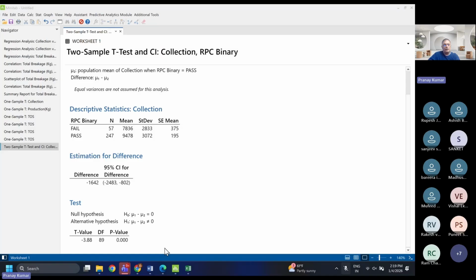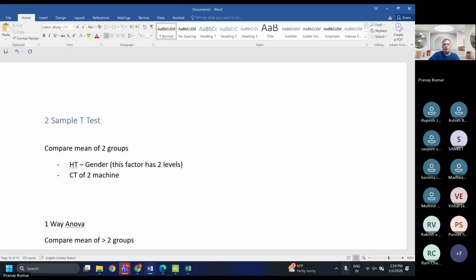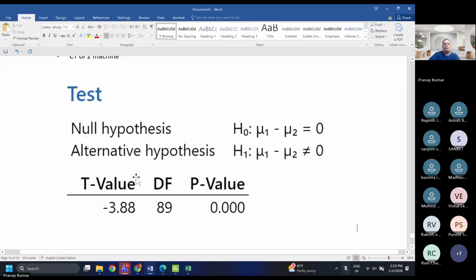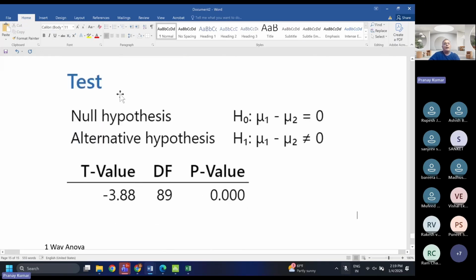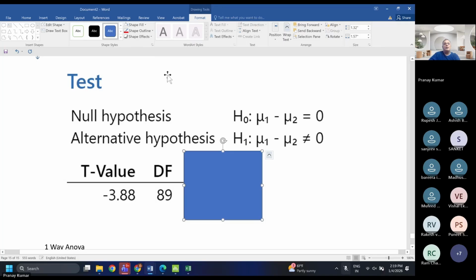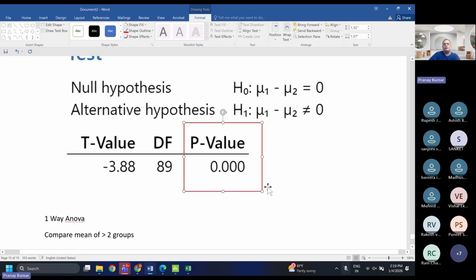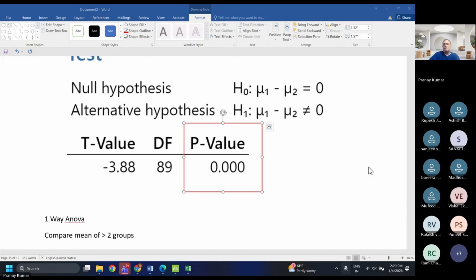So this is what I got after the two sample T test. I am looking at my P value and deciphering that alternate is true. Everyone with me? Simple thought so far?